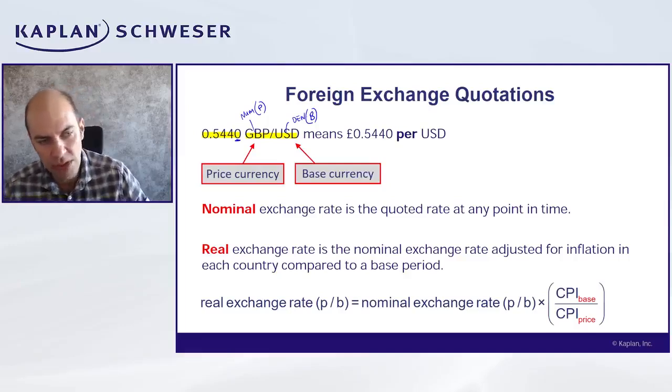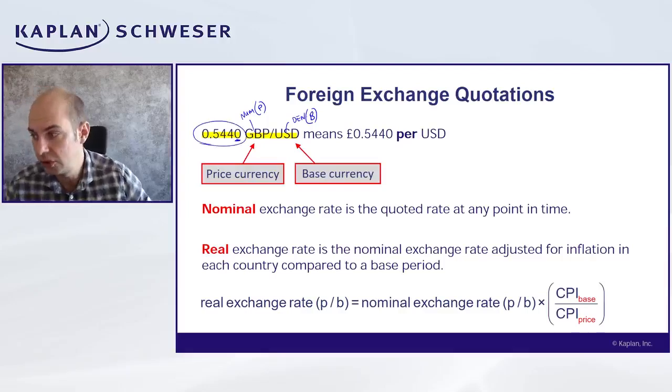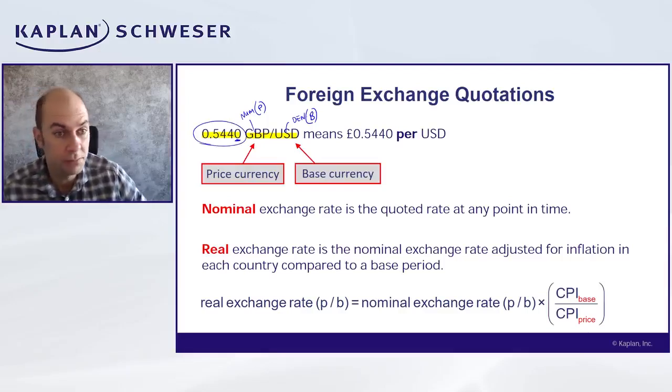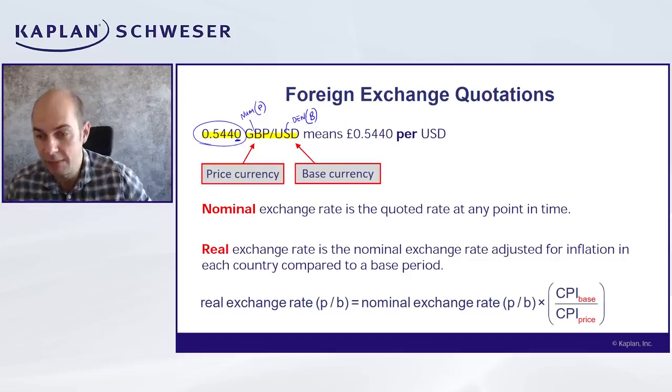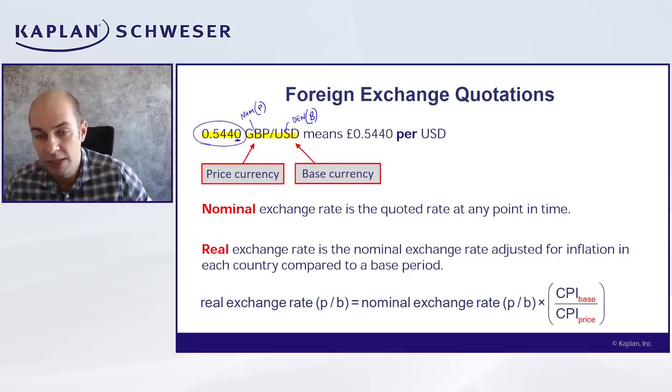Now, we're also going to talk here about nominal and real exchange rates. So nominal would be this number here. This is essentially just measuring the exchange rate between the two currencies in nominal terms. Remember, nominal means that we are including any impact from inflation.